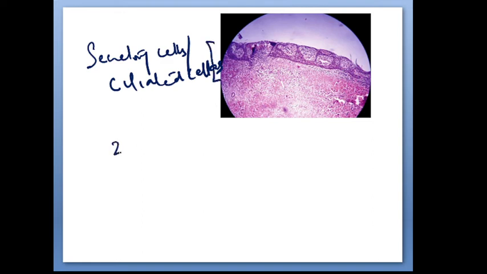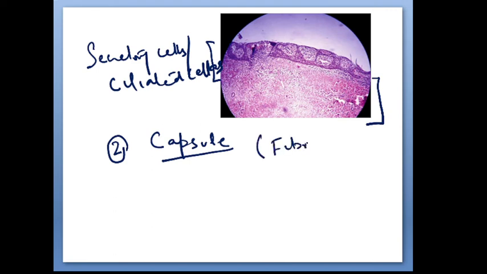Now coming to part 2, that is the capsule. We all know that the capsule is the other important component of the cyst. The capsule is fibrous. It contains a lot of parallel bundles of collagen fibers.